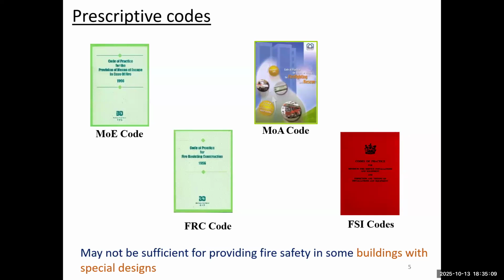And the 3 is the fire resisting construction code. Additionally, there is the FSI code. So what does FSI mean? That is fire service installation. So the FSI code is for installed systems. However, those codes may not cover every unique building design, which is why we need the FEA.